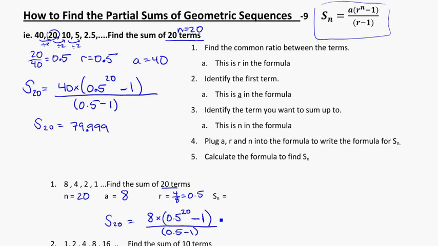And when we work this out, you will get 15.999. Again, don't round it too much there because we want to indicate here that it's not above 16 yet. So that's your formula for the partial geometric sums. Sometimes you'll get really big numbers, sometimes you'll get a not too big number. It just depends on if r is going to increase it or decrease it. So just make sure you're plugging them in carefully to your calculator.